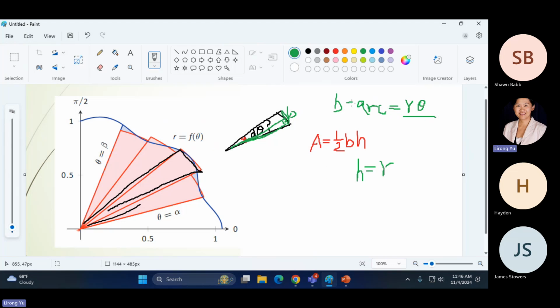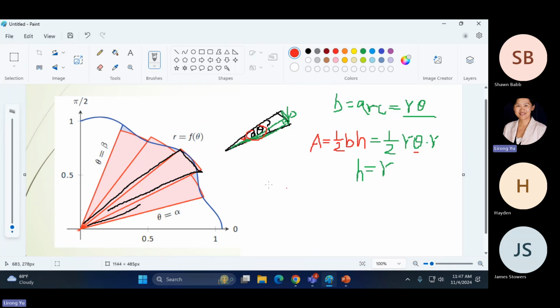So we have b, which is r times theta, and h is r. So this is essentially 1/2 r times theta times r. Notice the theta there is actually d theta. It's a really, really small slice of theta.